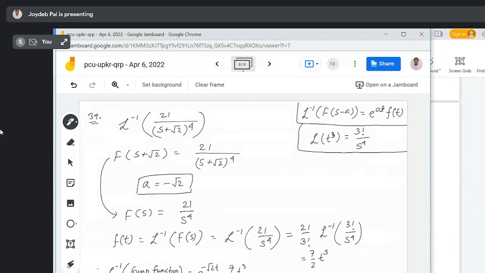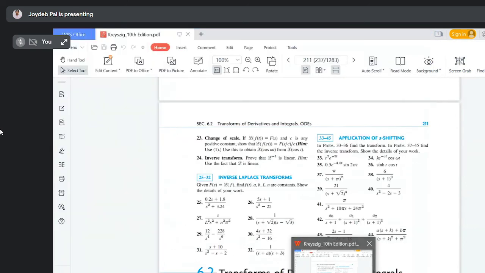Okay. In a similar manner, can you solve problem number 37, 38? Yes, sir.